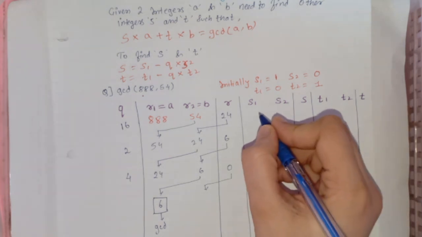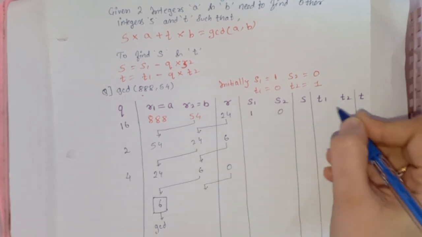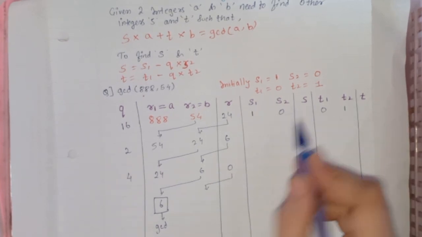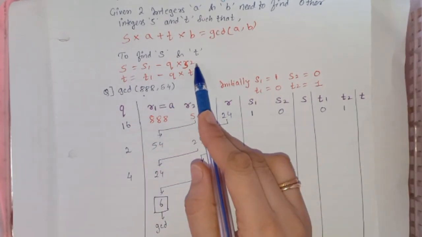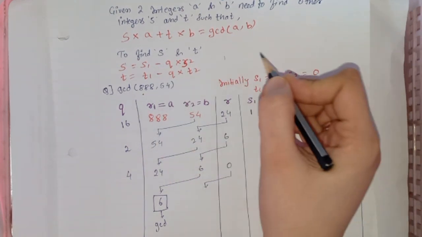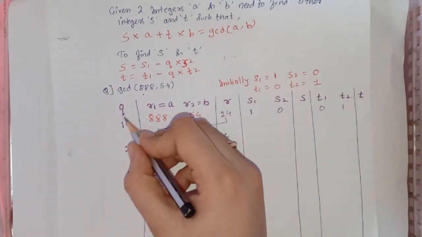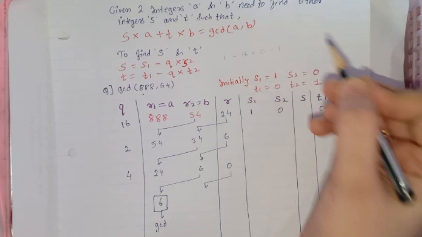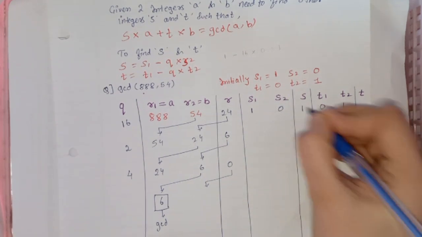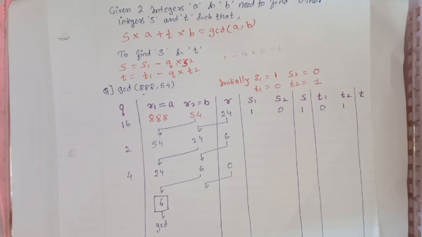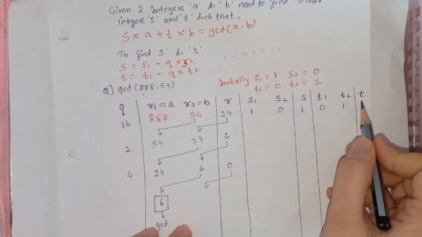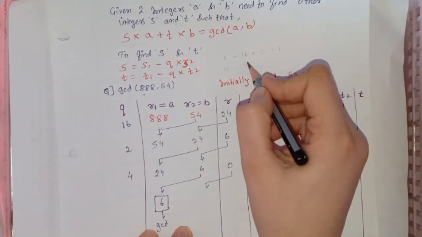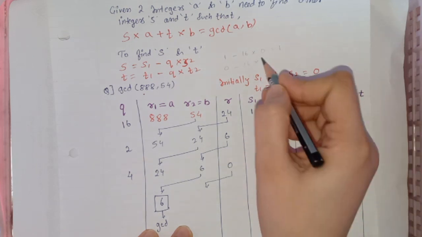So initialize here with S1 1 and S2 0, T1 0 and T2 1. Now we have to find S. As we have the formula here, put S1 is 1 minus our quotient 16 into S2 which is 0, so we get 1. Similarly, we calculate for T. So T1 is 0 minus quotient, that is 16 into 1.